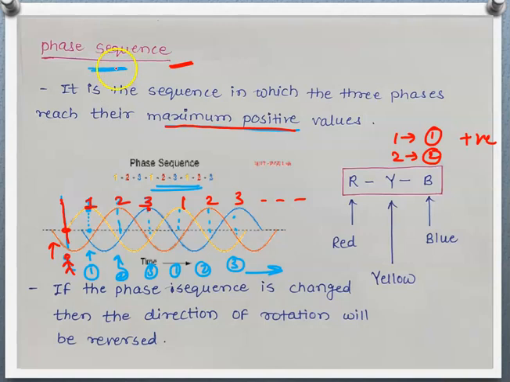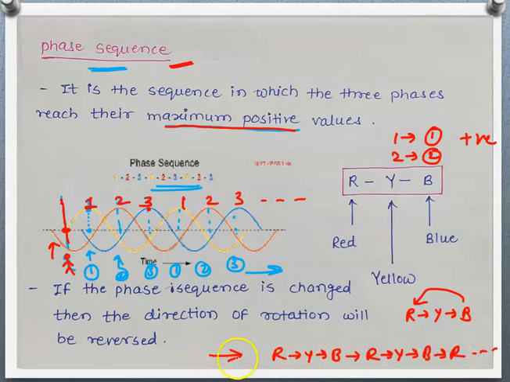It is indicated by RYB. The normal phase sequence we use is RYB. Again, after B, R is repeated: RYB, RYB, RYB. In this manner, R, Y, then B, again R, Y, B. This is the normal phase sequence we use.